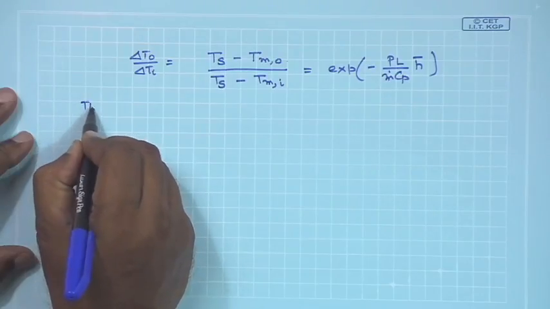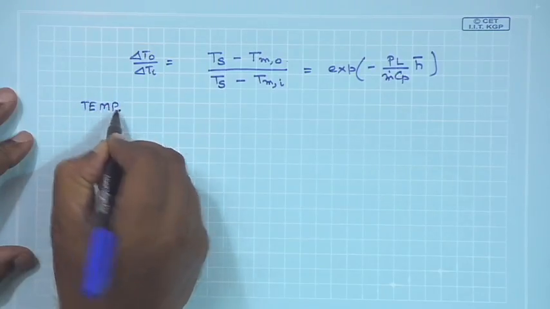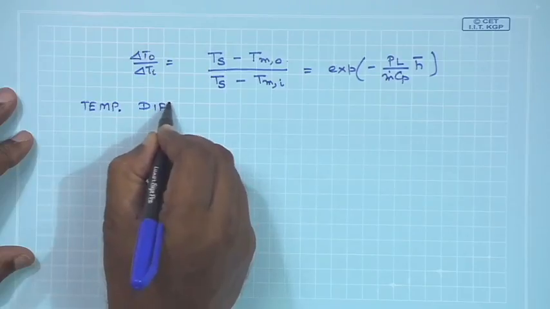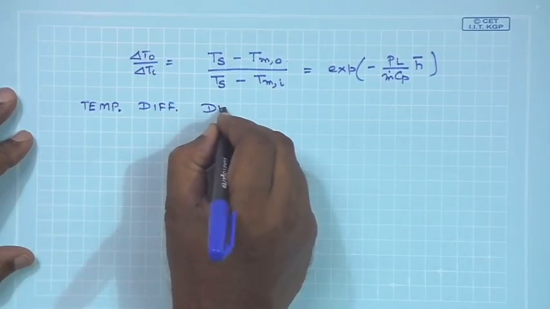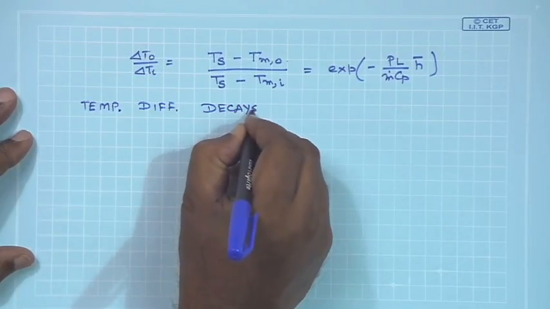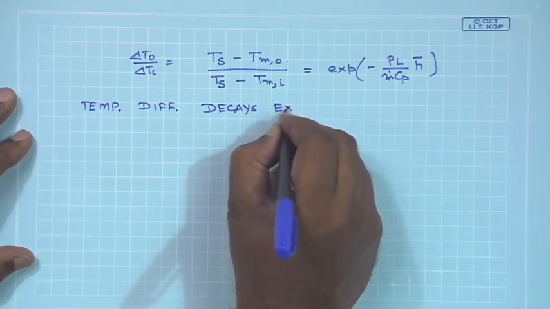So, it is not the temperature like the previous case, it is the temperature difference that decays exponentially with distance.